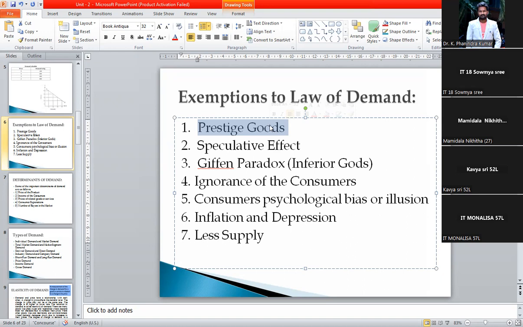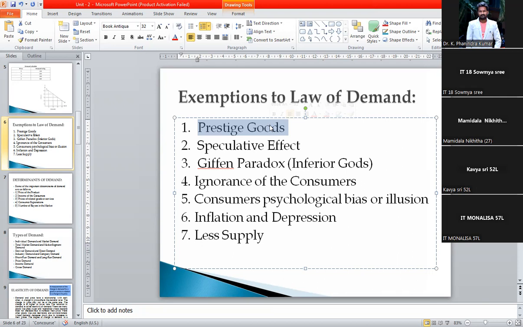Speculative effect. This appears in the form of share trading, lotteries, or whatever the forms are, where speculation means people speculate that it may increase, that it may decrease, and what changes may happen in the future. It is not strictly regulated. It is speculative. We cannot estimate, and we cannot expect what happens.